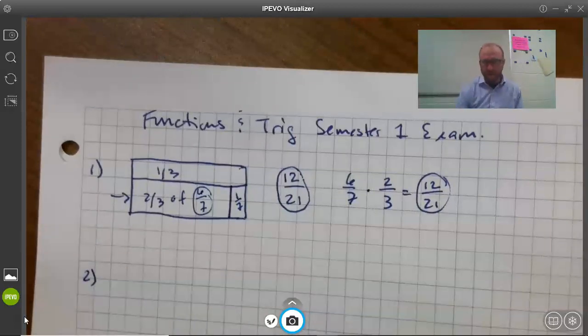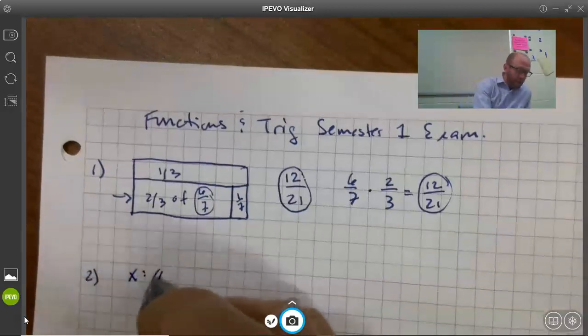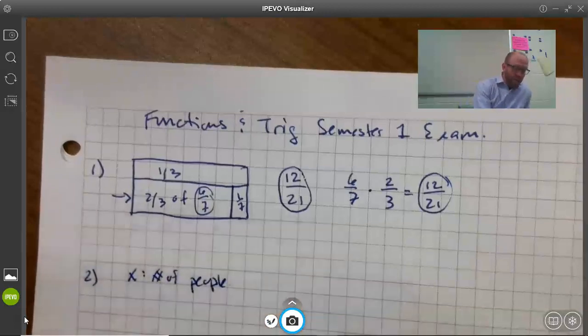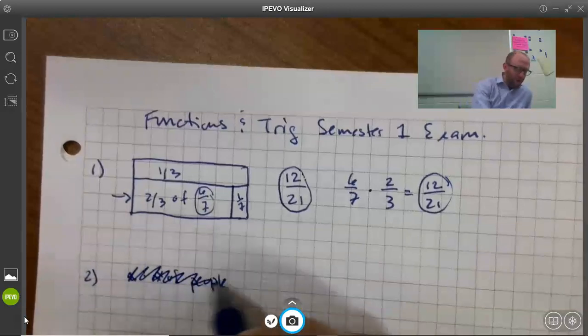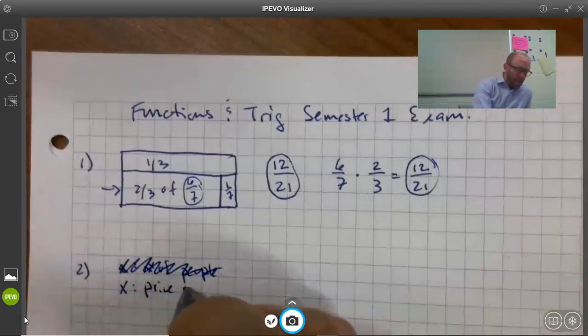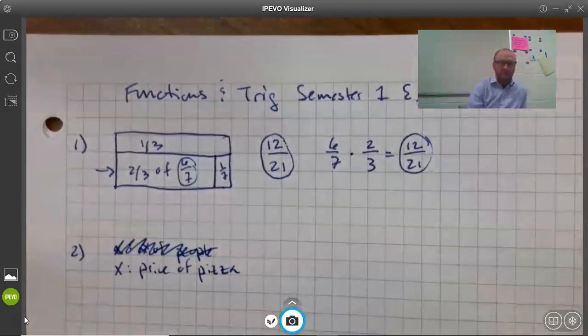A group of 10 people is planning to contribute equal amounts of money to buy some pizza. After the pizza was ordered, one person left. Okay, so then everyone pays a little extra money. So if X is... oh wait, not number of people, I'm thinking of a different problem. X is price of pizza.